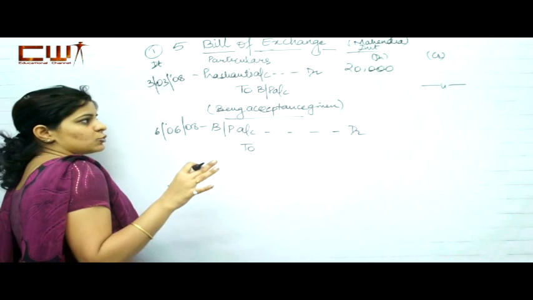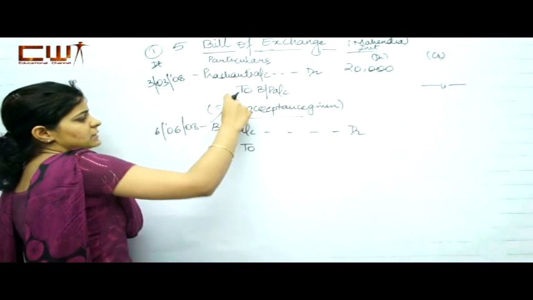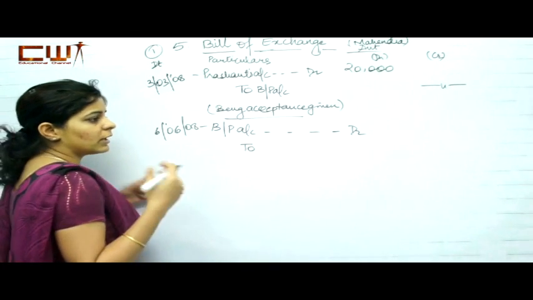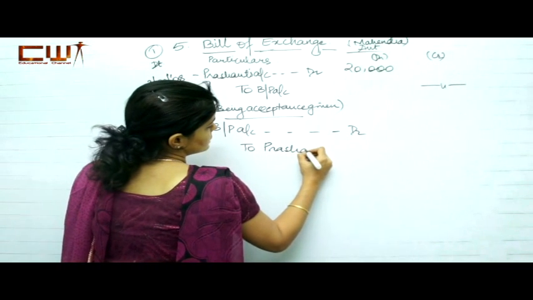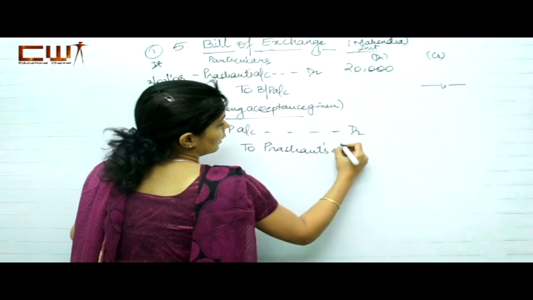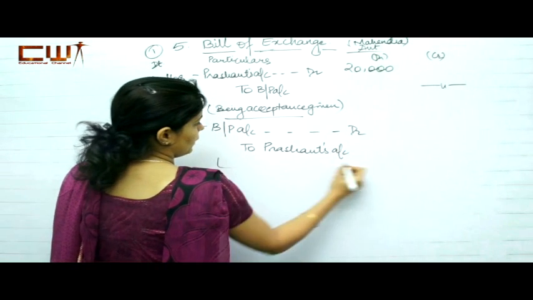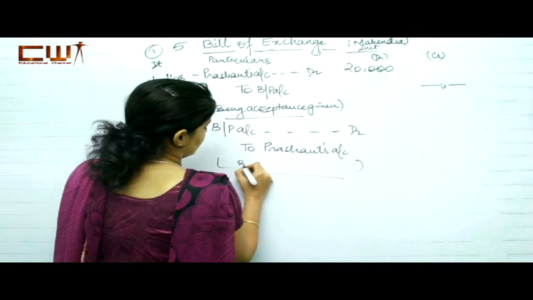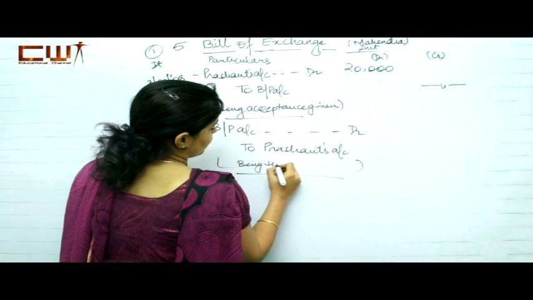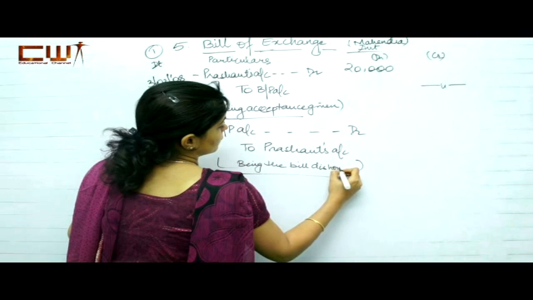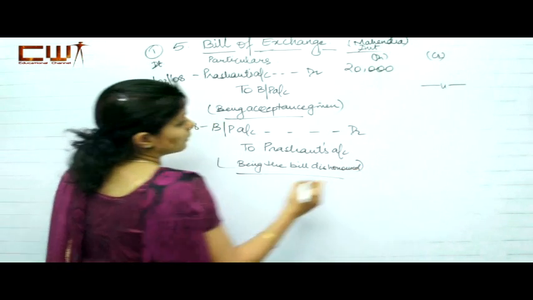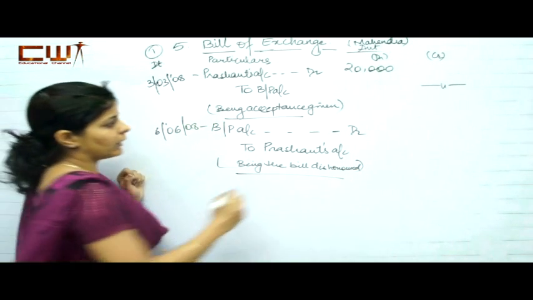Dishonor means the bill is no more valid. So you are nullifying the effect, you do it the reverse way. To Prashant's account credited, right? So you will write being the bill dishonored. How much is the amount again? 20,000.